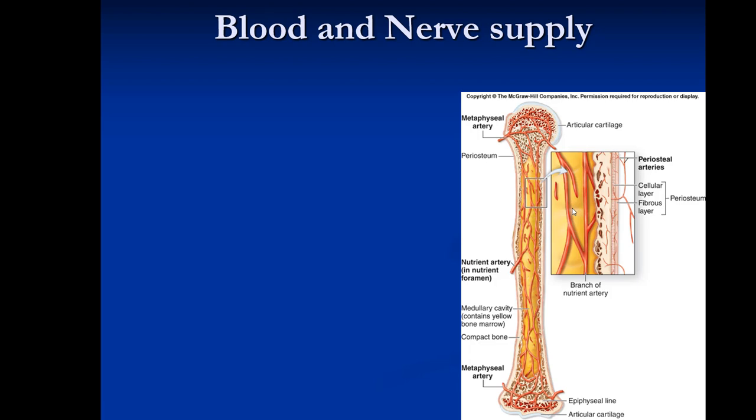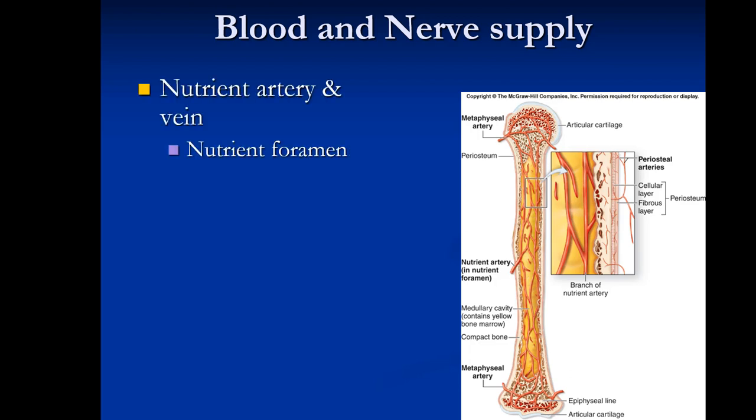All right, so stepping back a little bit, blood and nerve supply of bone. Long story short, yes, the bone has lots of blood vessels and lots of nerves. There are a few vessels that warrant mentioning. Most bones are going to have a big opening for a vessel to get in. In anatomy, this term right here, foramen, refers to an opening. So there's a nutrient foramen, which allows nutrient arteries and veins to get in.